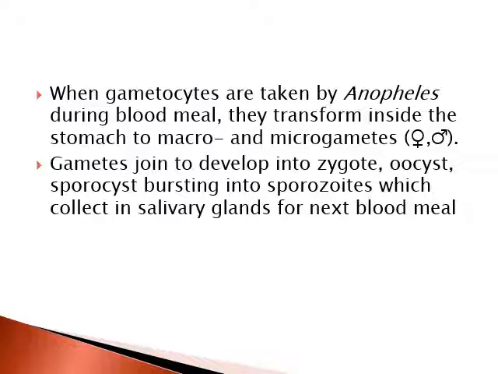When the micro and macrogamete reunite again, they form the zygote, which transforms into oocyst by penetrating the wall of Anopheles' stomach and waiting outside under the membrane of the stomach to form oocyst, then sporocyst full of sporozoites, which bursts into sporozoites, which collect in the salivary gland of the mosquito, waiting for the next blood meal.